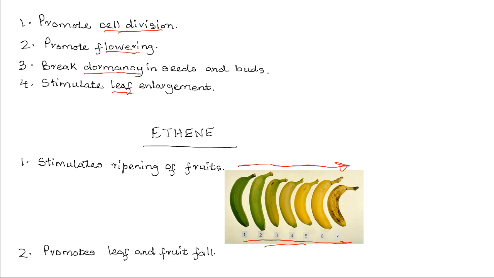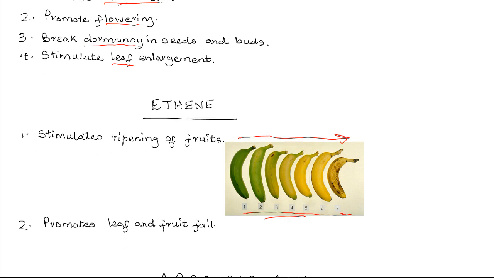So by enclosing fruits in a container, we prevent ethene from escaping, and the more the fruits stay, the more the ethene that they produce, and this will accelerate the process of fruit ripening.